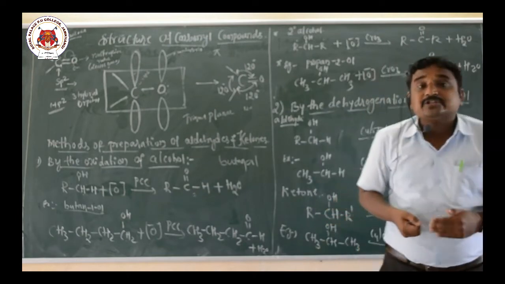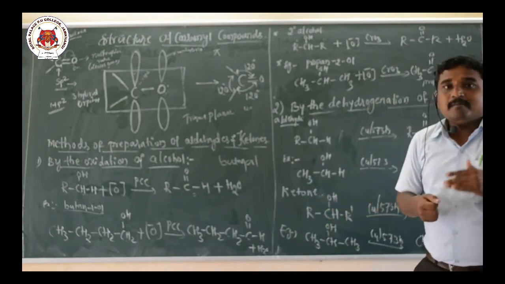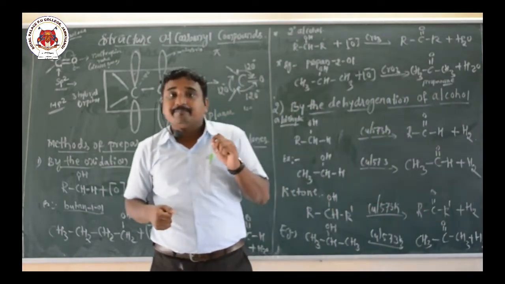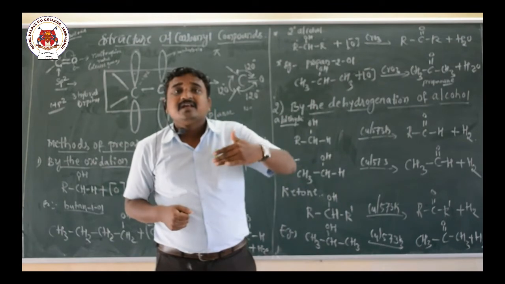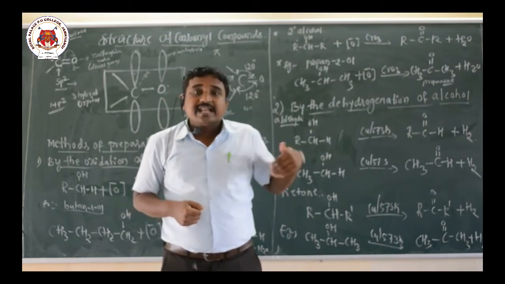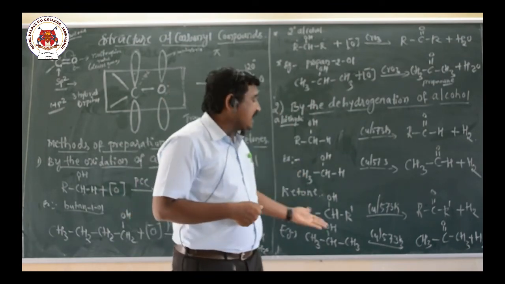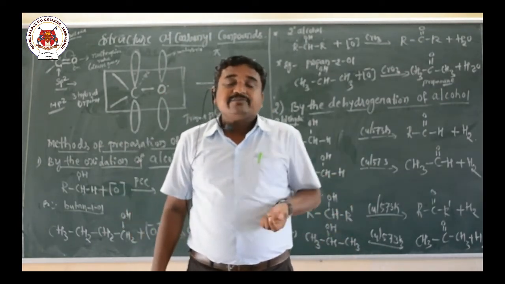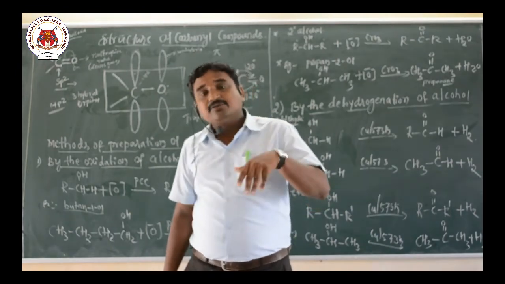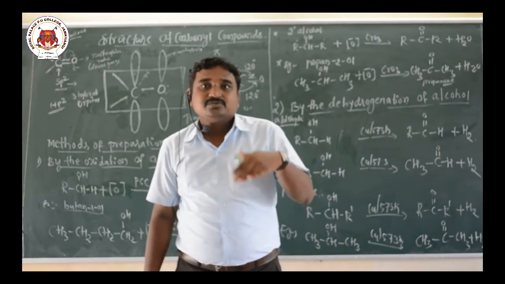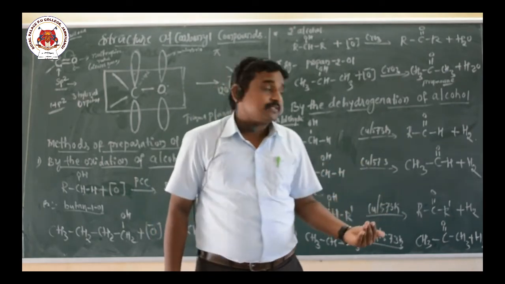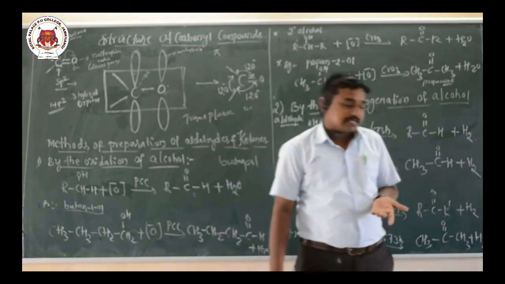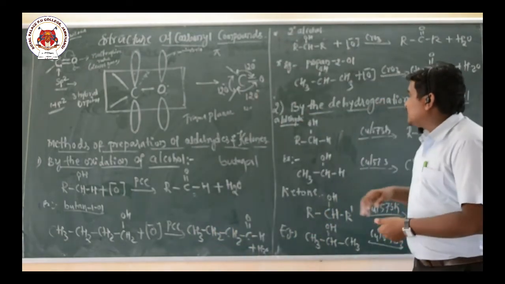When the vapors of a primary alcohol are passed over copper catalyst at 573 Kelvin, that gives aldehyde, whereas when the vapors of a secondary alcohol are passed over copper catalyst at 573 Kelvin, that gives ketones. So it is just dehydrogenation of alcohol, removal of hydrogen. Here I have written the general reaction.